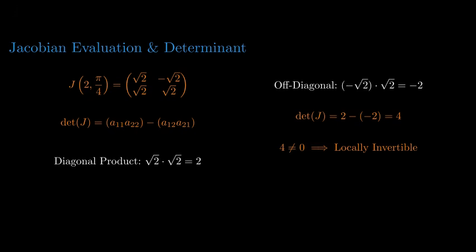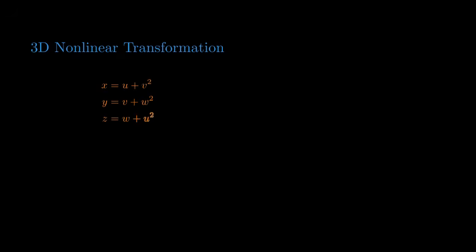Let us consider a second mathematical example involving a nonlinear function in 3 dimensions. Suppose we have a function mapping 3 inputs, u, v, and w, to 3 outputs, x, y, and z, defined such that x is equal to u plus v squared, y is equal to v plus w squared, and z is equal to w plus u squared.